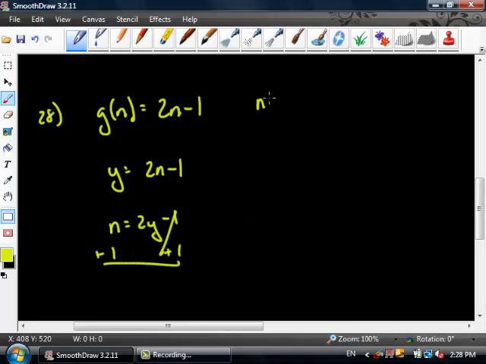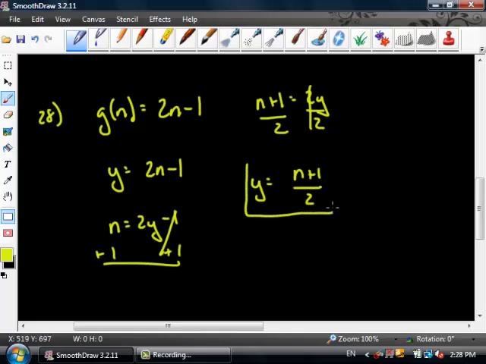So we get n plus 1 equals 2y, divide everything by 2, so we get y equals n plus 1 over 2. So far so good?